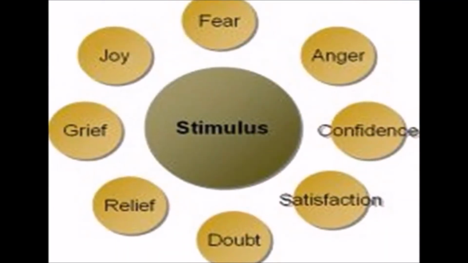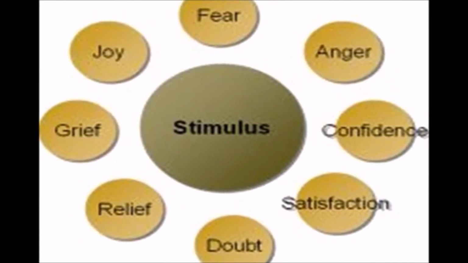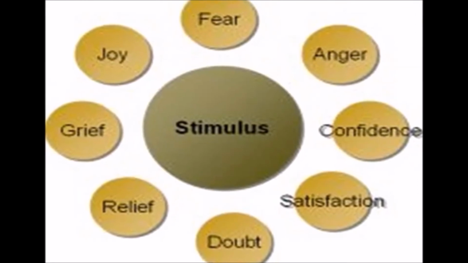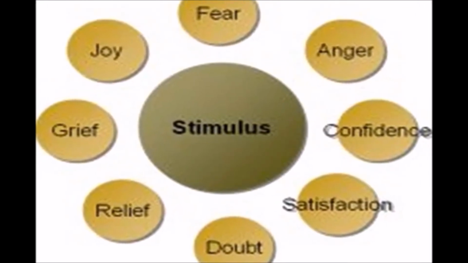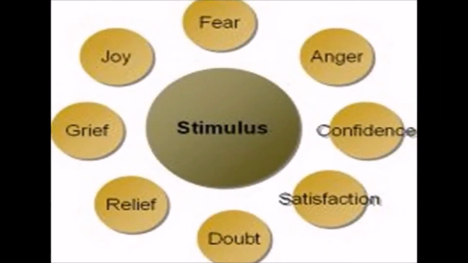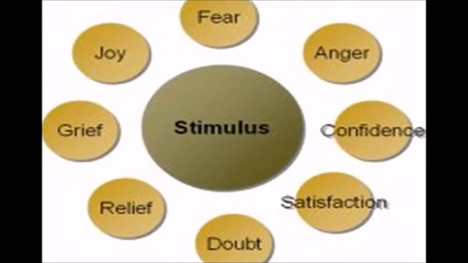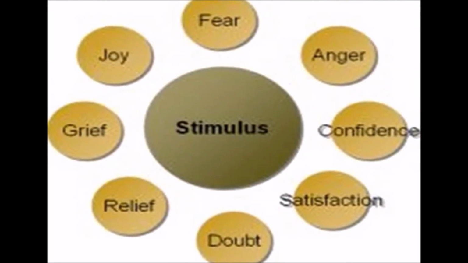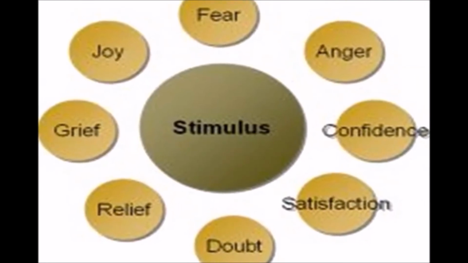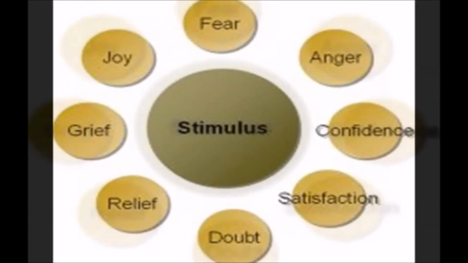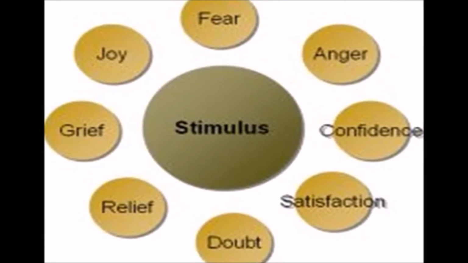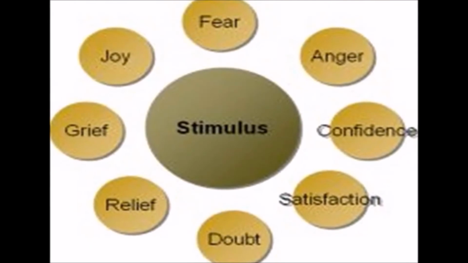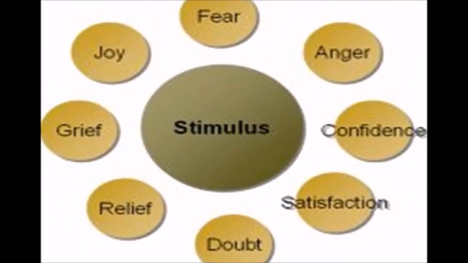For a stimulus, there can be different reasons for responding. It might be fear, it might be responded with anger, it might get responded with confidence, or it gets responded with satisfaction. But there might be a response of doubt, response of relief, or response of grief, or response of joy.